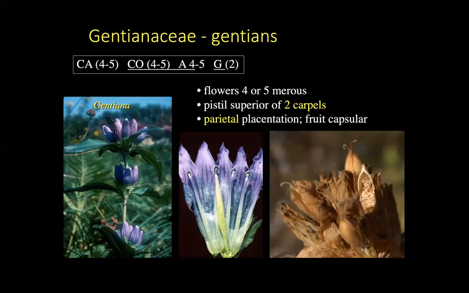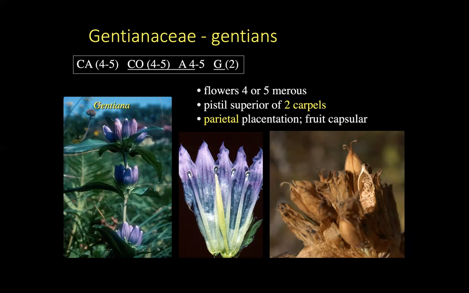So the flowers are going to have a base count of 4s or 5s. They're not going to have tons of members of any whorl at all. In this case, you have the same number of stamens as petals, and the petals and the stamens are actually fused to each other. That's what the line under corolla and androecium means.